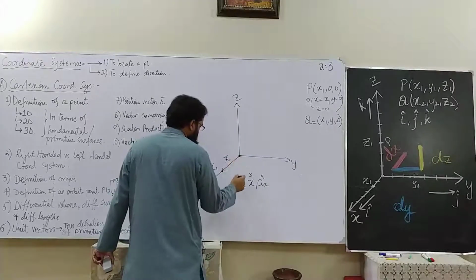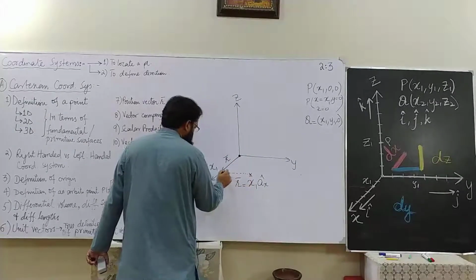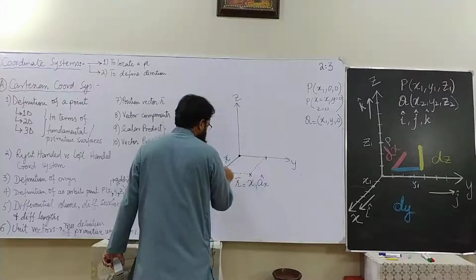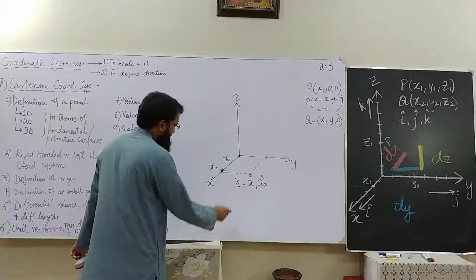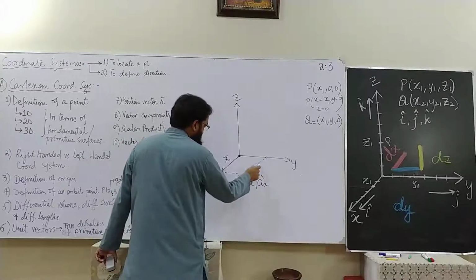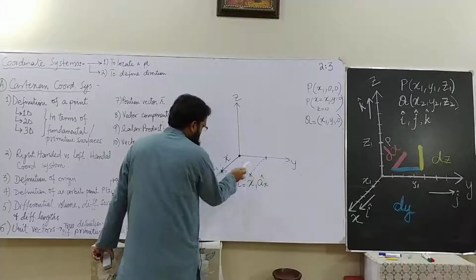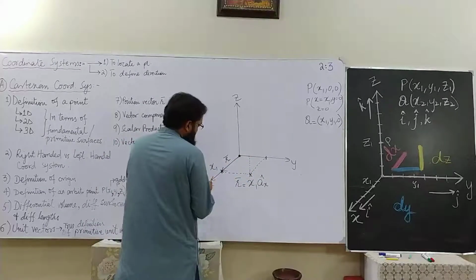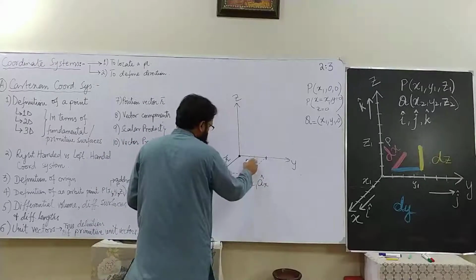To reach this point, just drop a perpendicular on the x-axis and a perpendicular on the y-axis. Whenever you drop a perpendicular on the y-axis, remember that this perpendicular should be parallel to the x-axis. Many students make the blunder of just drawing a straight line.